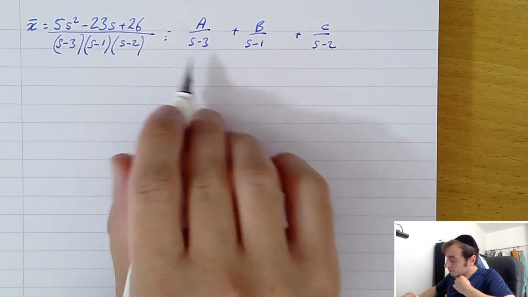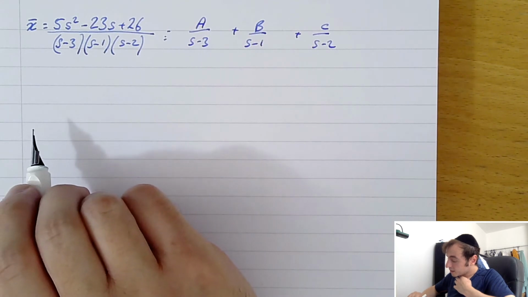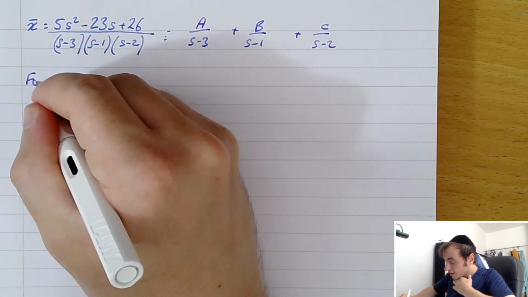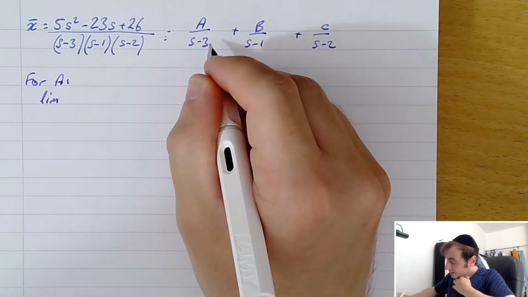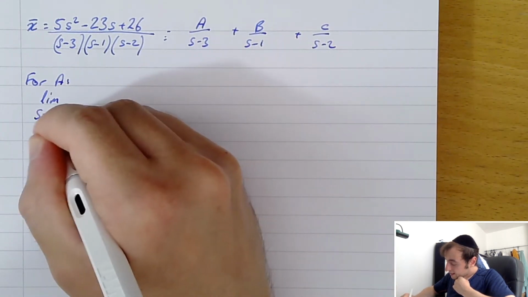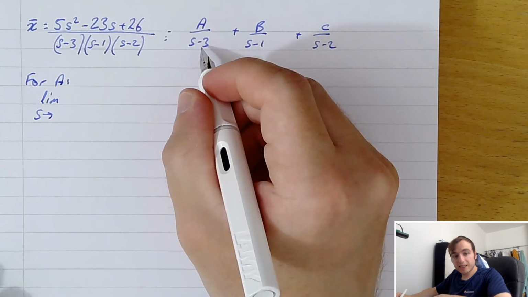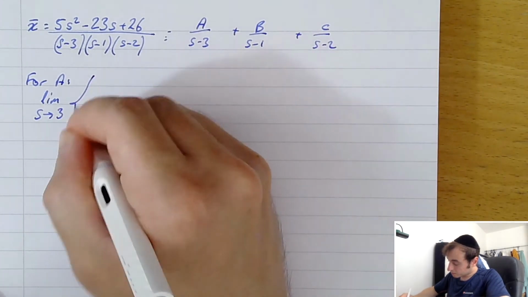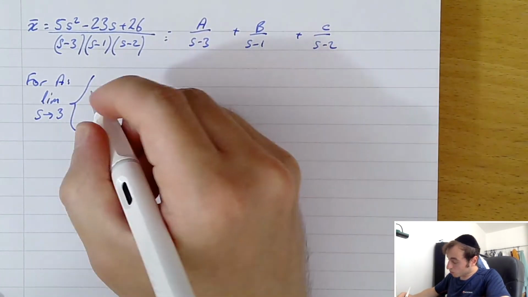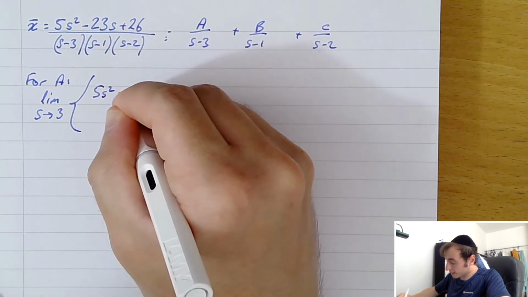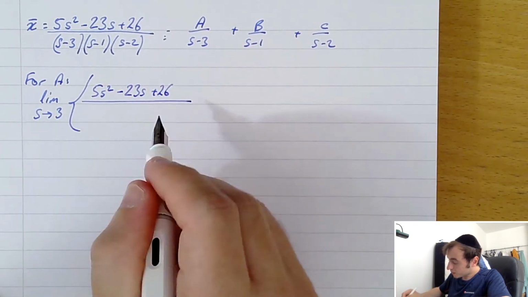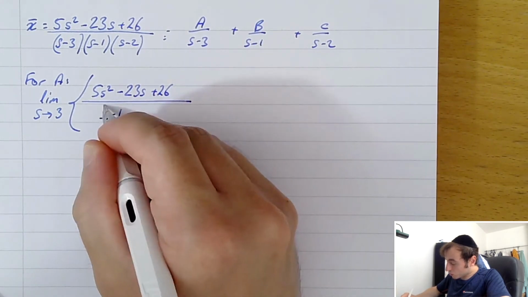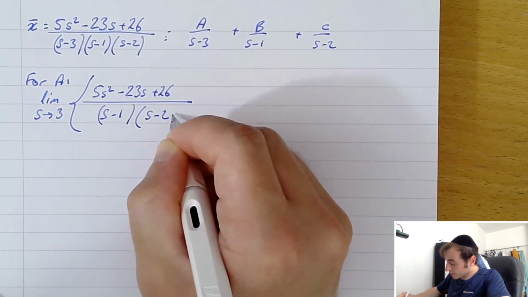And to find those partial fractions, I'm going to use limits. So I'm going to say for a, we're going to take the limit as s tends to 3 of 5s squared minus 23s plus 26, all on s minus 1, s minus 2.